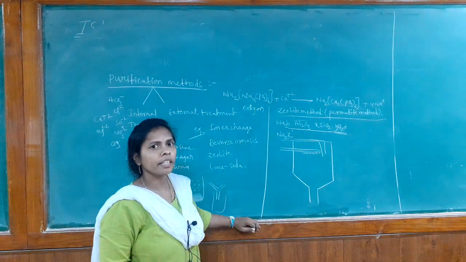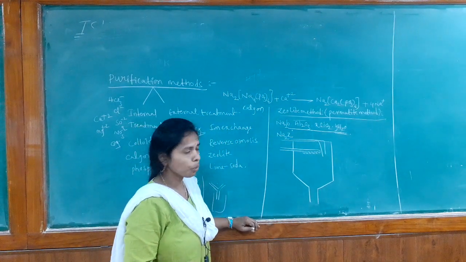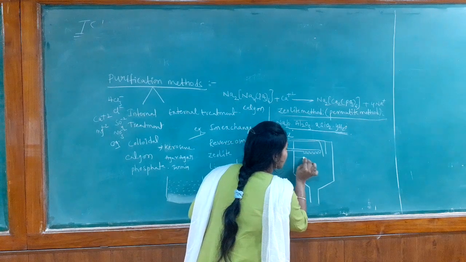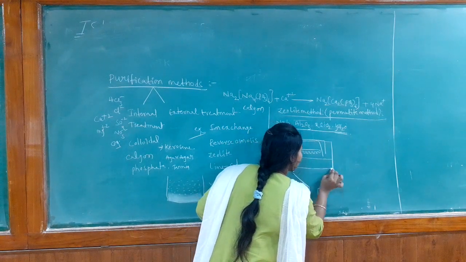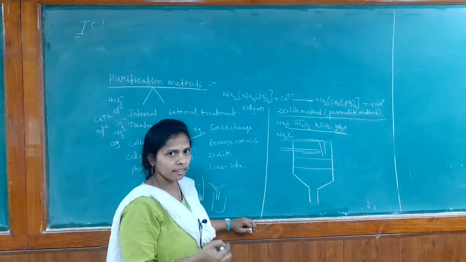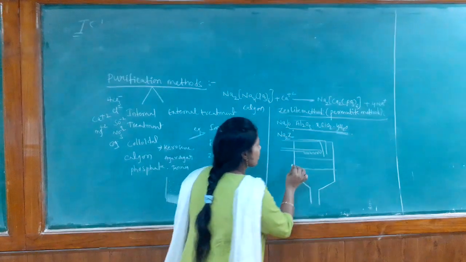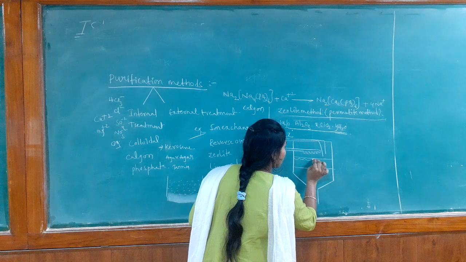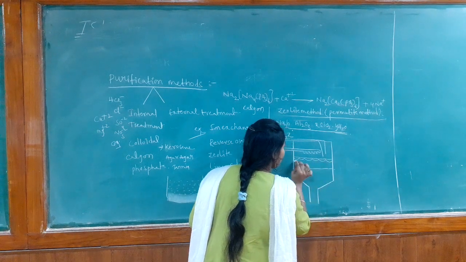You know what hard water means, that is impure water. And this is the zeolite bed. We are using synthetic zeolite because it is more powerful than natural zeolite, with more capacity to remove all the cations in the water sample.